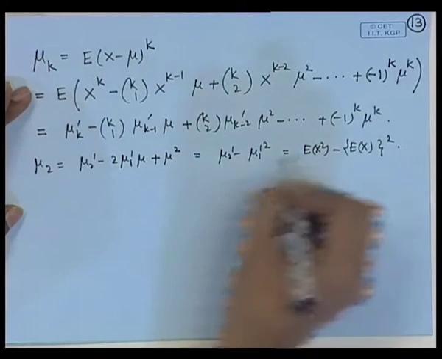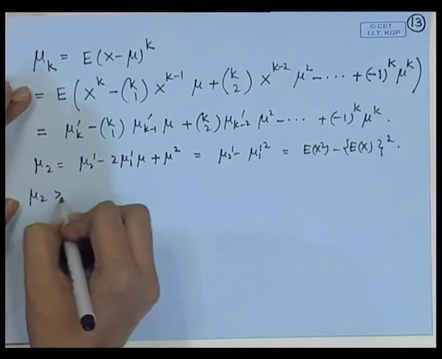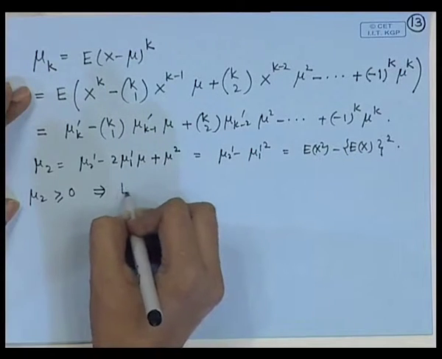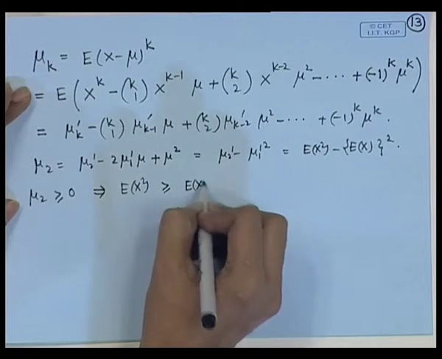We may also observe one thing here, that since mu 2 is greater than or equal to 0, this implies that expectation of x square is always greater than or equal to expectation x whole square.